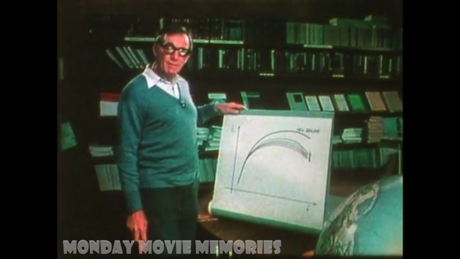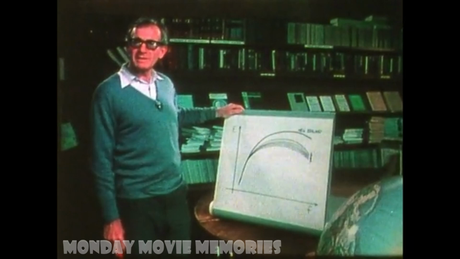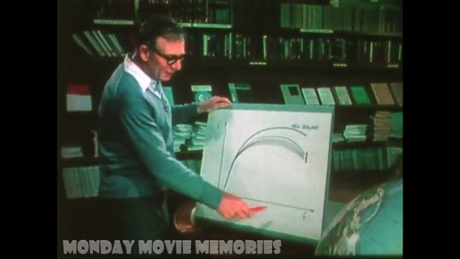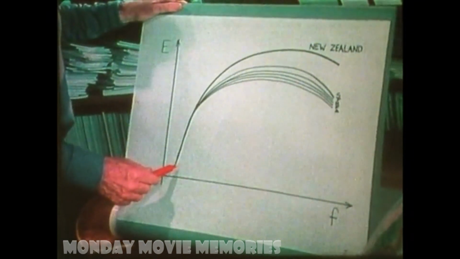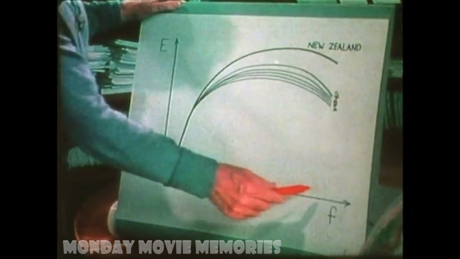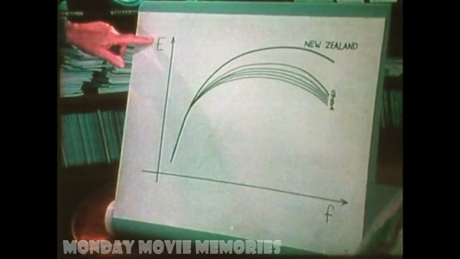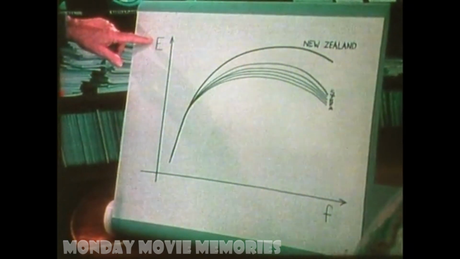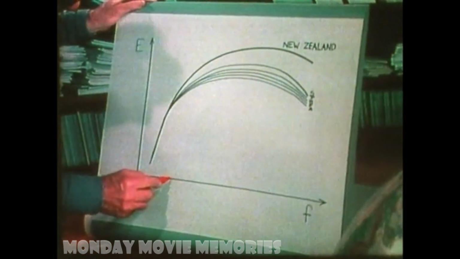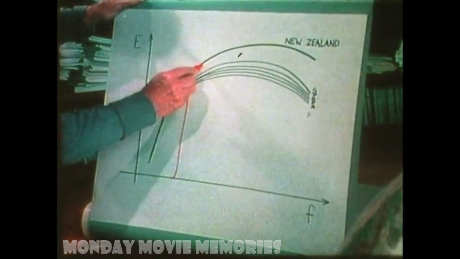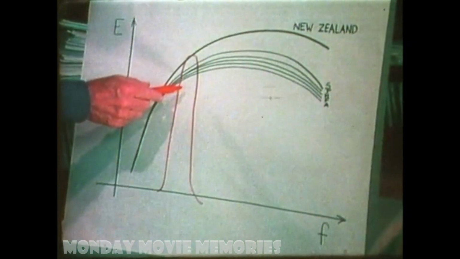This graph sums up the expedition result, makes it a little simpler than in fact it was. Here's a frequency axis going from low frequencies of about 3 cycles per minute to about 6 cycles per minute. And this is the energy density associated with these frequencies. Now take New Zealand first. On a given day, early in the storm, we would get a low-frequency spectral peak like this.